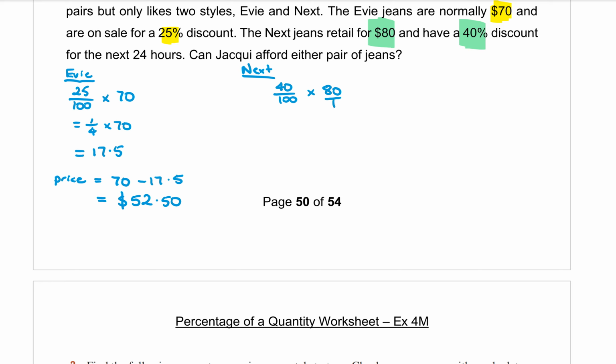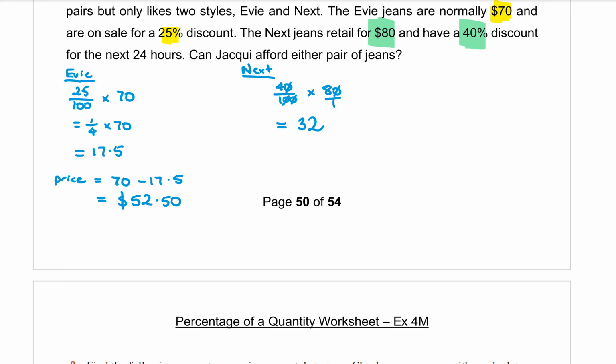I could divide the top and bottom by 10 here to cross those zeros off. And I could divide 80 by 10 and divide that one by 10 again to cross off all the zeros in the question. That means all that is left is 4 times 8, which is 32, and 1 times 1 on the bottom, which is just a 1.